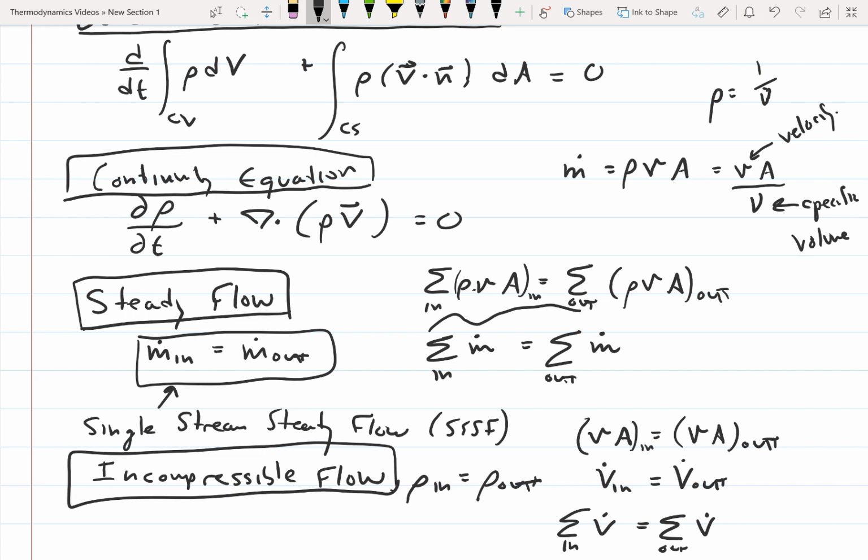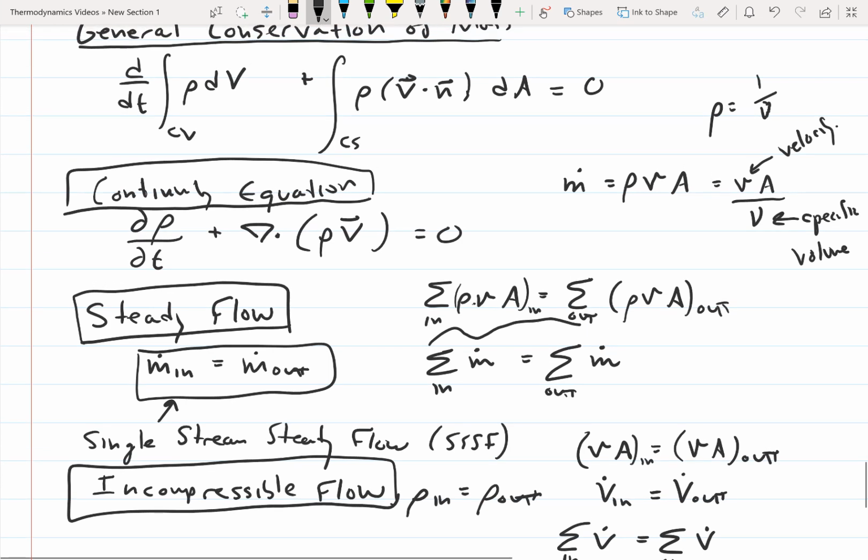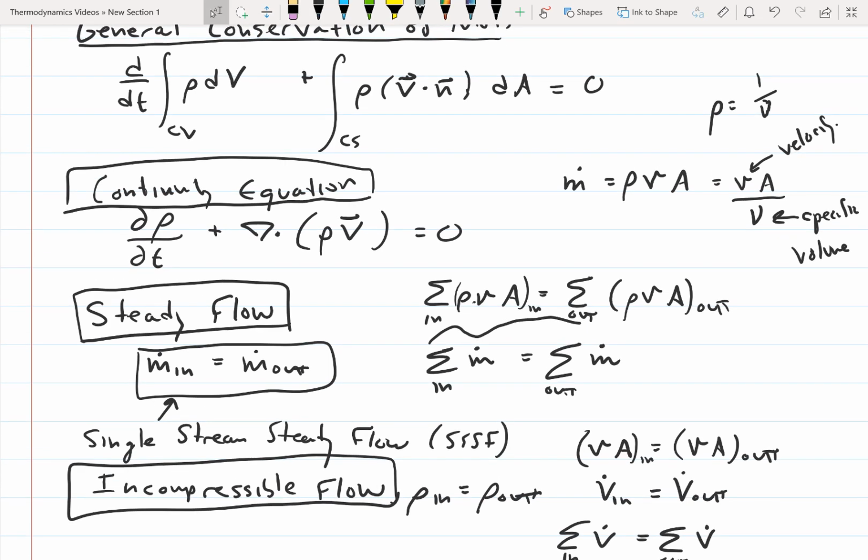So now it might be a little more clear why we might need to do a mass balance to solve first law equations. Let's say that we know some information for our flow in and some information for our flow out. We can get things that we don't know.